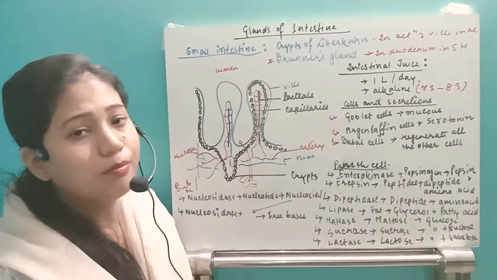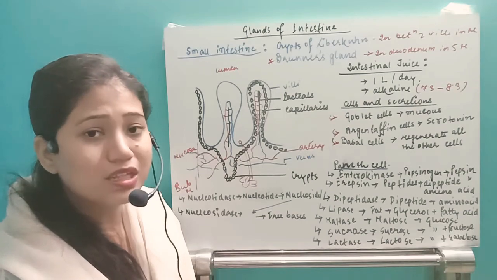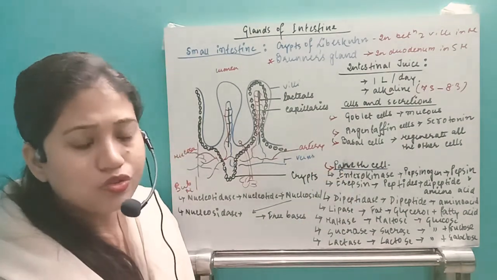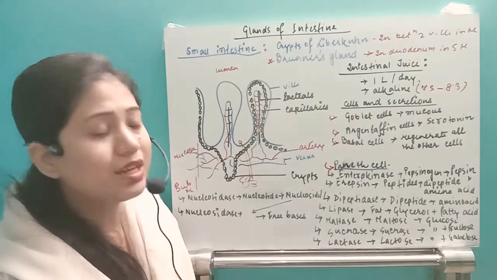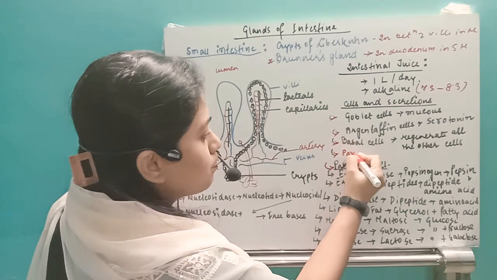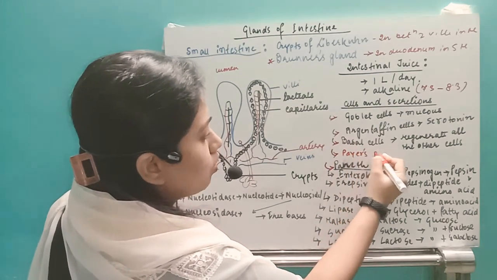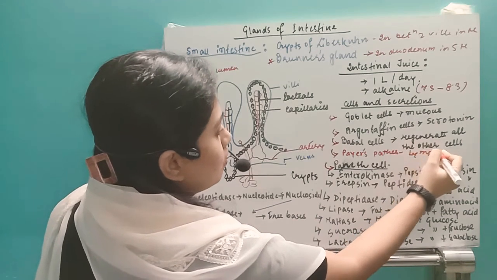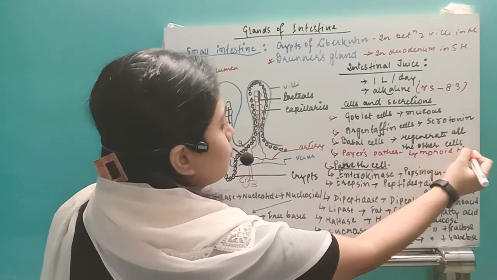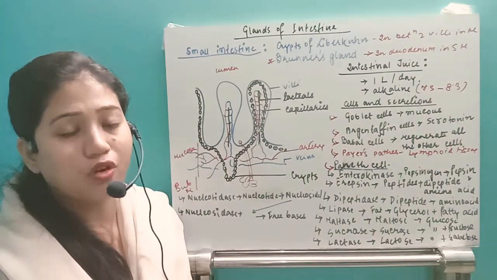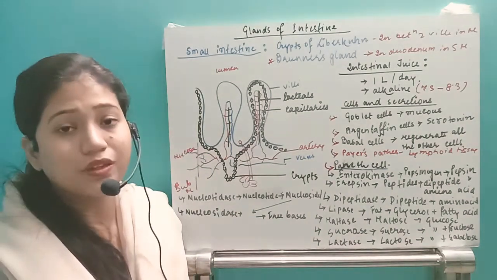Now here the main cell which releases the enzymes is called the Paneth cell, right? And also one thing we need to know, that here in the small intestine we are going to have the Peyer's patches. This is called the Peyer's patches, which is actually lymphoid tissue. This lymphoid tissue will help us to kill foreign particles if they are present along with the food.